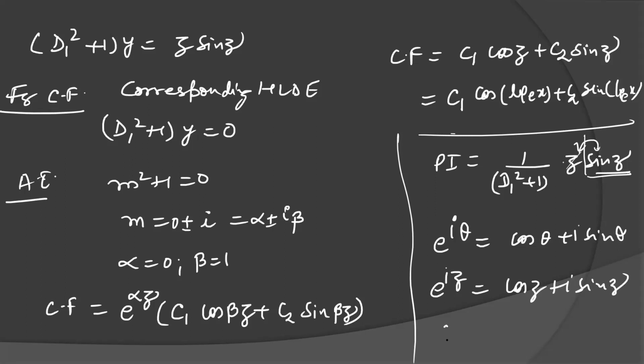So what is sin z here? Sin z is the imaginary part of e to the power iz. So we can write the particular integral now: imaginary part of 1 over (D1 square plus 1) z e to the power iz. Now we will use the shifting property. Remember the shifting property?